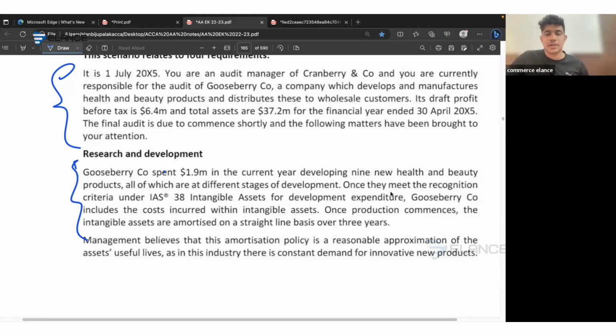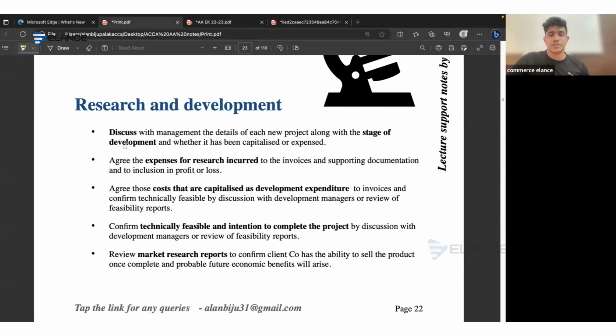Then they have told us that once the intangible asset meets the criteria for capitalization, they will capitalize it. So how can you confirm whether it meets the criteria for capitalization? We have studied the procedures, right? For those expenses which they have capitalized as development expenditure, we can agree to the invoices and we can confirm the technical feasibility by discussing with the management.